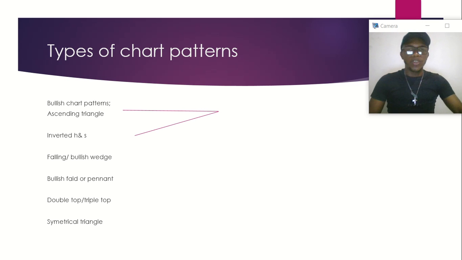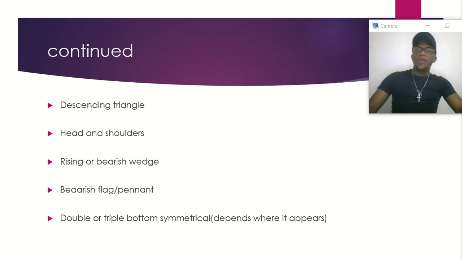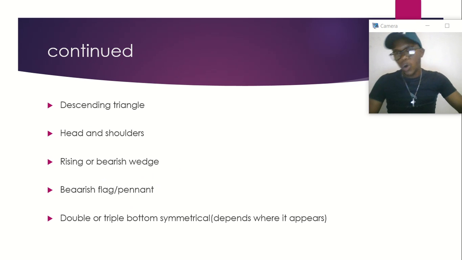We also have the descending triangle, the head and shoulders, the rising or bearish wedge, a bearish flag or pennant, and a double or triple bottom. The symmetrical triangle depends on where it appears.